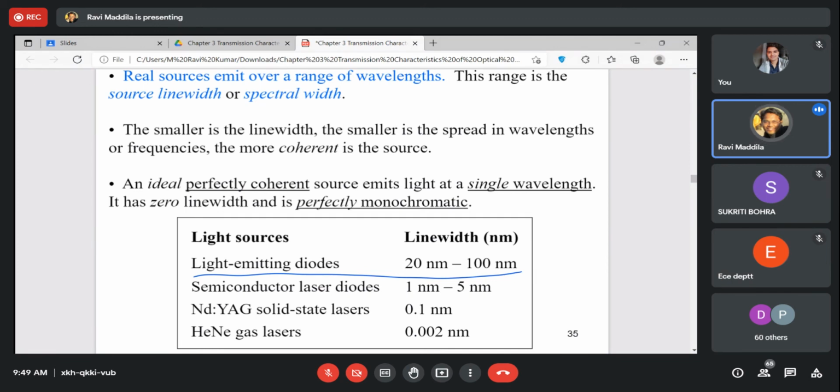There are even some light emitting diodes which have a line width even less than 20 nanometers also. So it is variable. It depends on how it is fabricated.